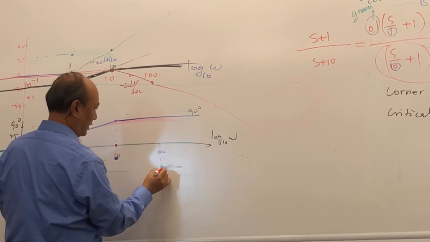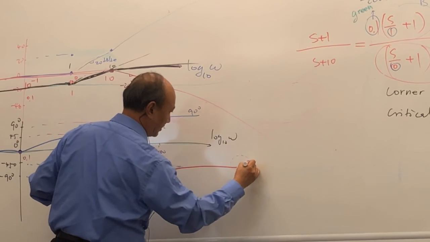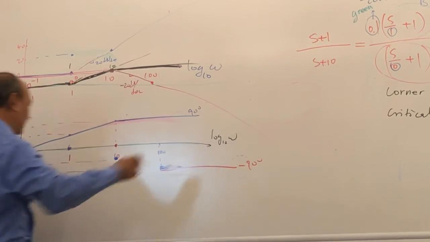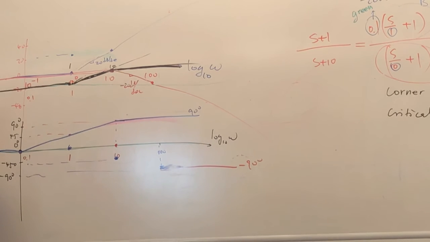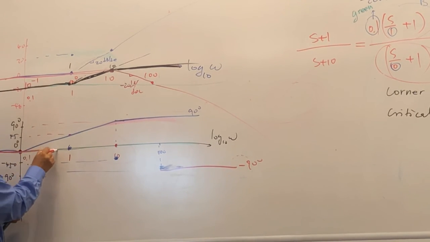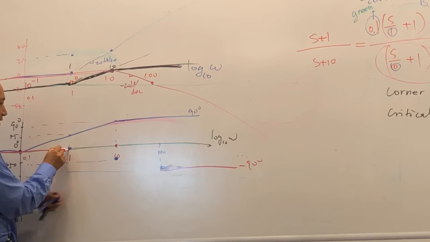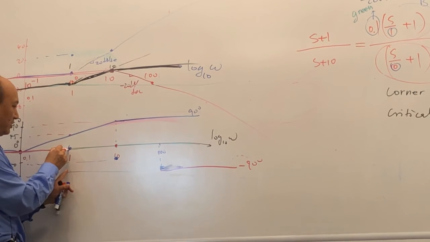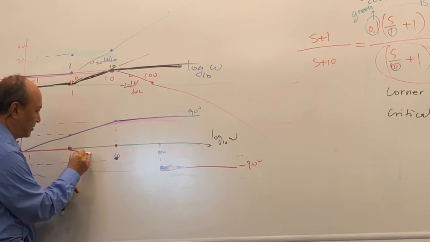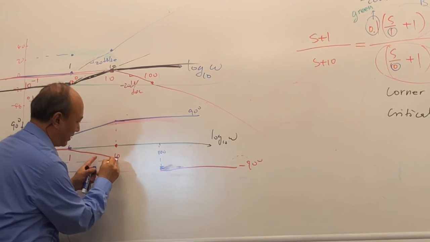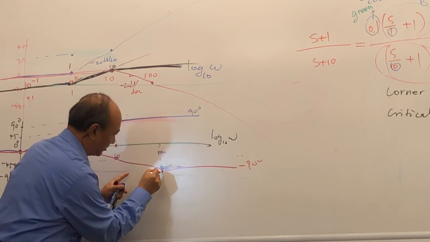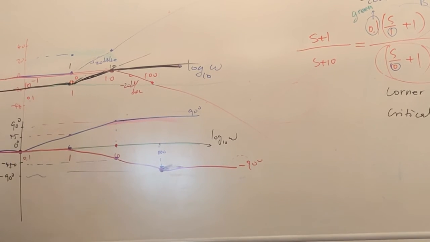Sorry. This is minus 90 to infinity all the way. But I start from 0 degree all the way until I hit 0.1 of my corner frequency, that's 1. Then I pass minus 45, pass again to minus 90. Okay?